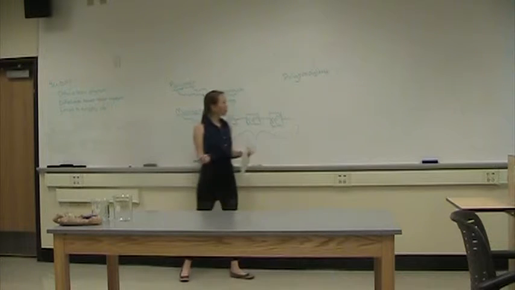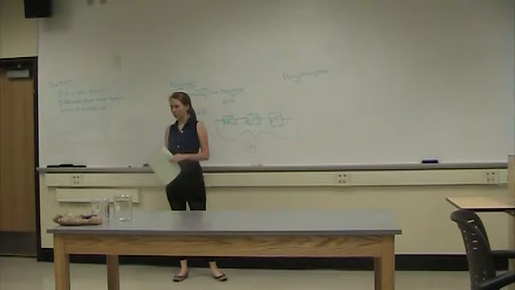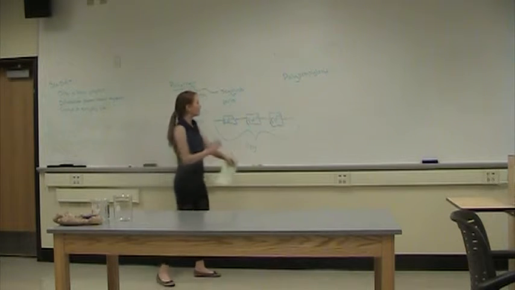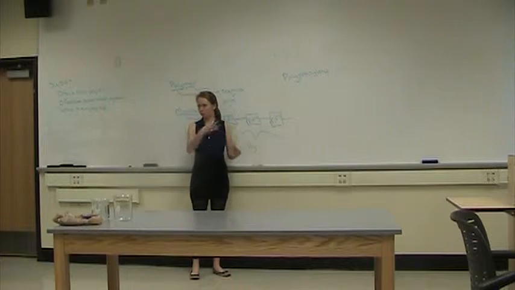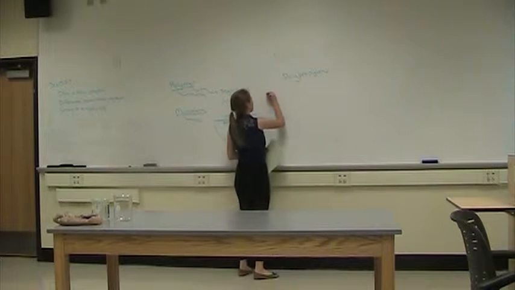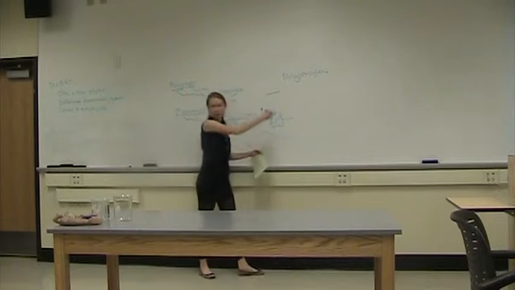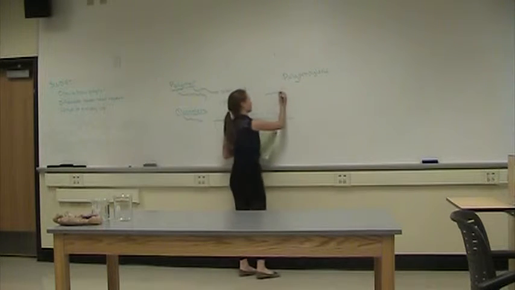is polypropylene. Has anyone ever heard this word before? No? Okay. So I'm going to show you the Lewis structure of this. So we're going to draw a squiggly line to show that it continues going this way.